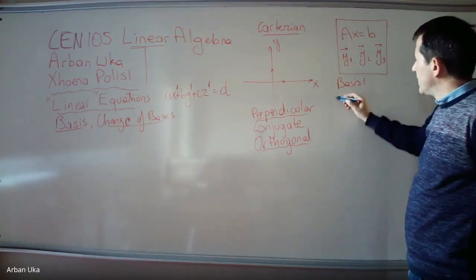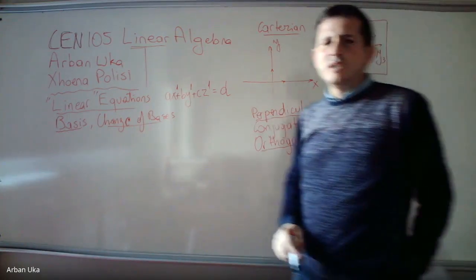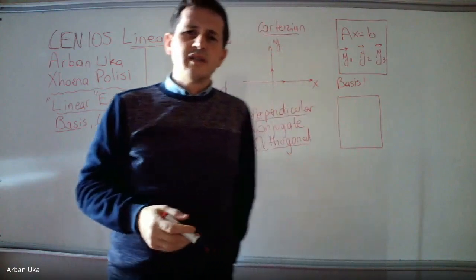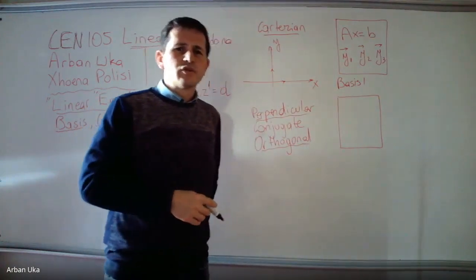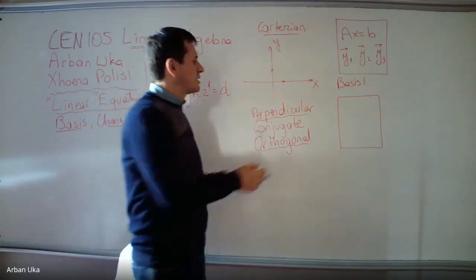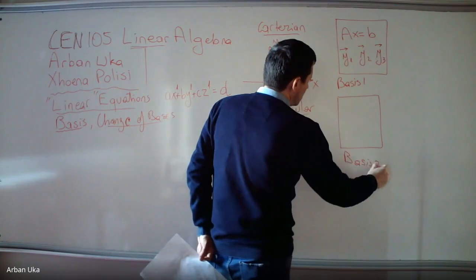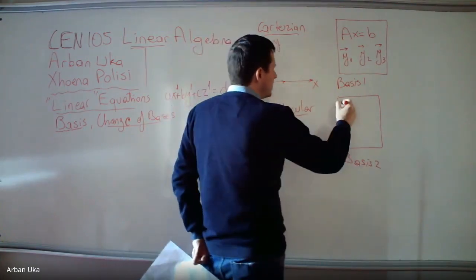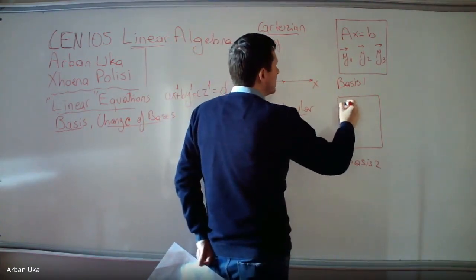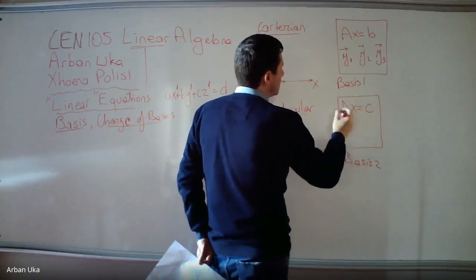Then it might happen that the same problem can be redefined in a new basis, which is slightly different from the previous one, and we hope for it to be better. So this is basis 1, and this is basis 2. And this problem can then be defined as, let's call it, Dx = c.